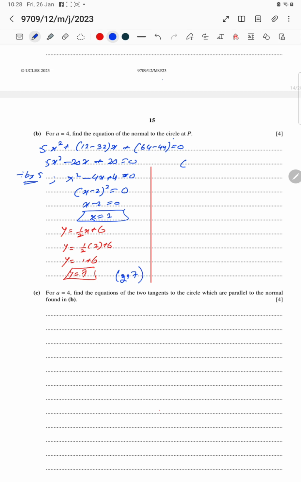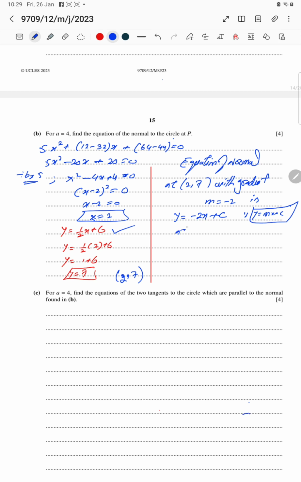So (2, 7) becomes the point on which the equation of the normal is going to be found. So therefore the equation of normal at point (2, 7) with the gradient of the normal: from the line, if the line gradient is 1 by 2, it will be minus 2. We can write y equal to minus 2x plus c, as we are substituting in y = mx + c.